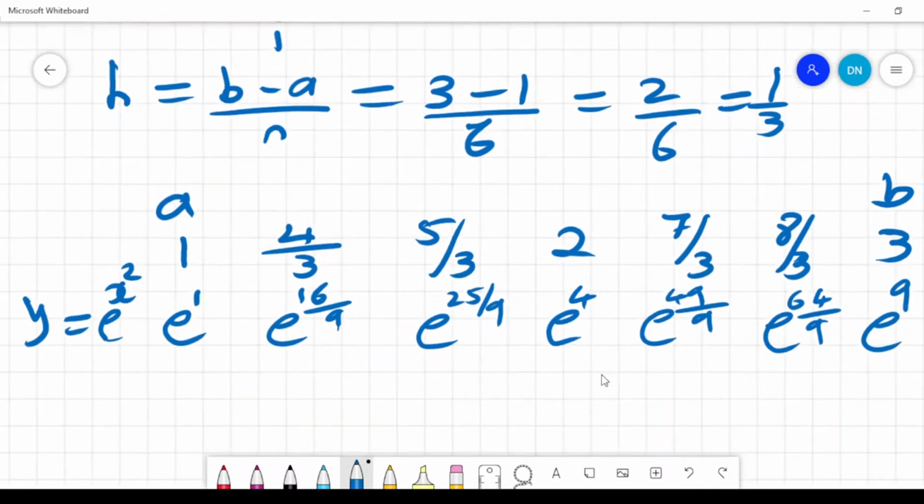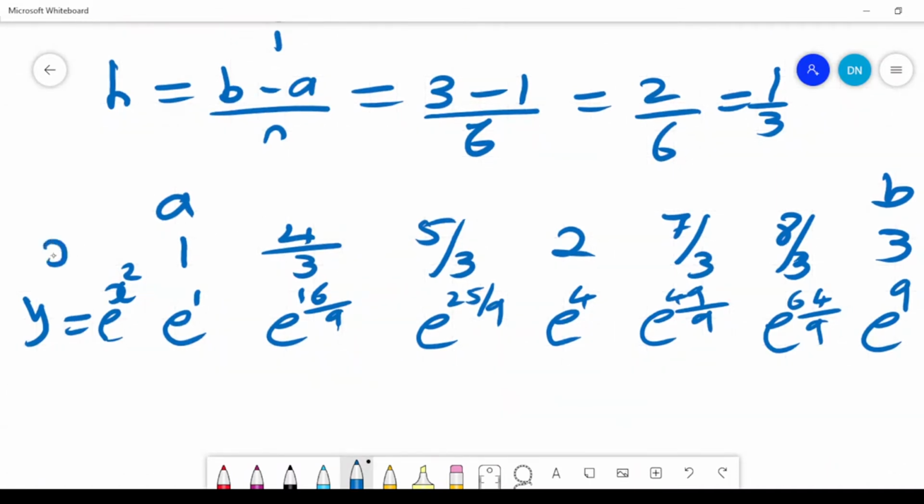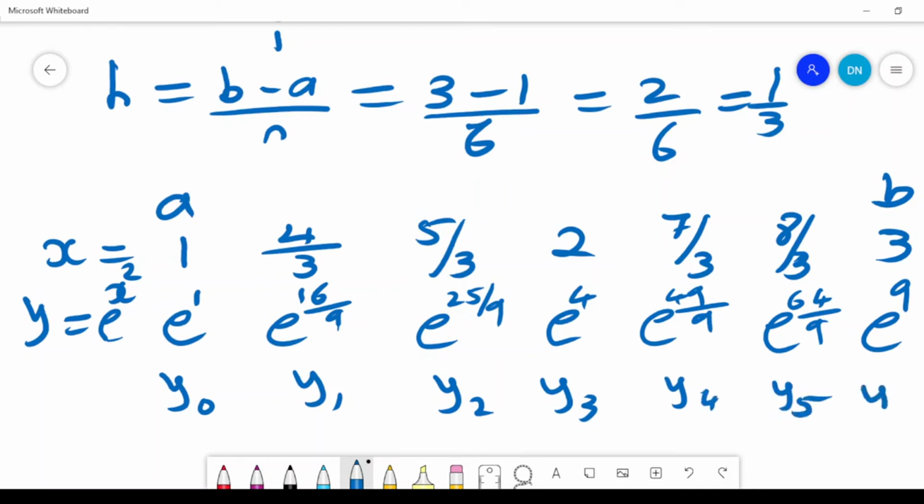And these are also our x values, and therefore this becomes our y: y0, y1, y2, y3, y4, y5, and y6. So now we have got all the values.